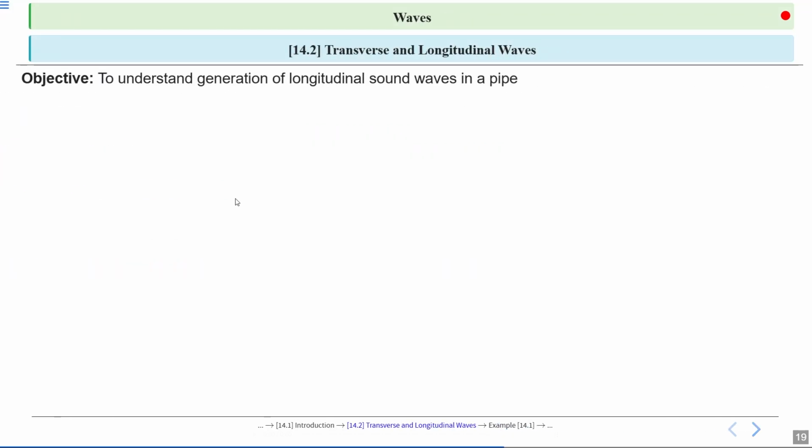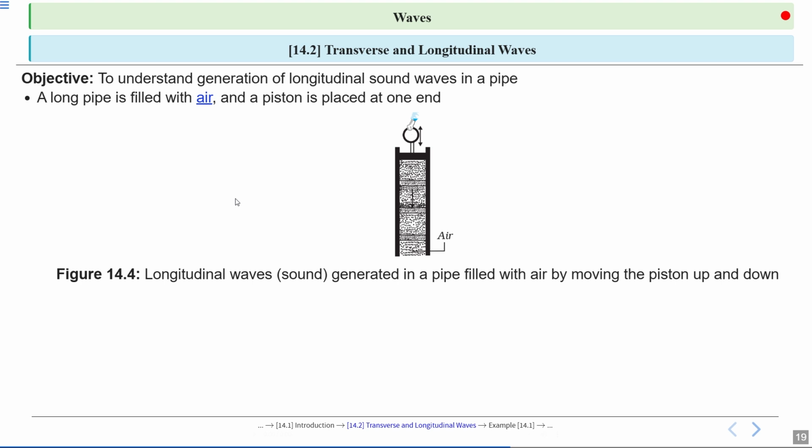Now let's understand how longitudinal sound waves are generated in a pipe. A long pipe is filled with air and a piston is placed at one end. Figure 14.4.